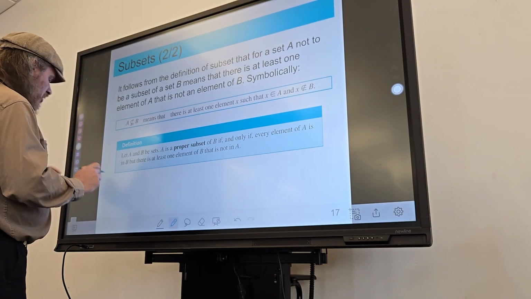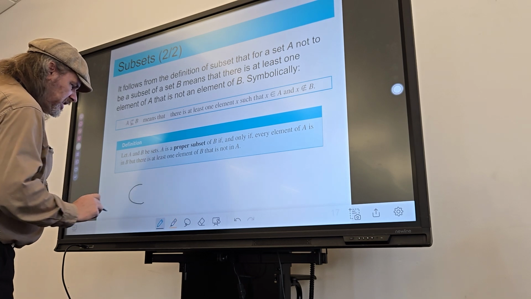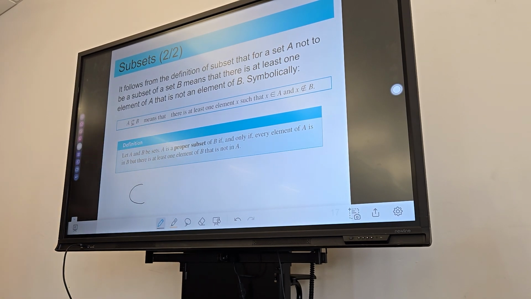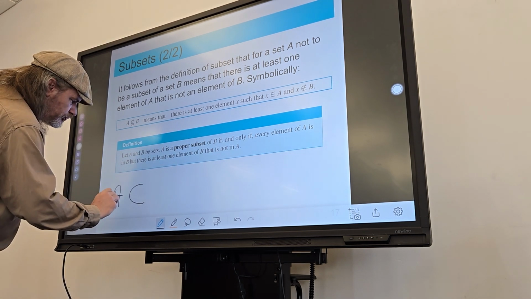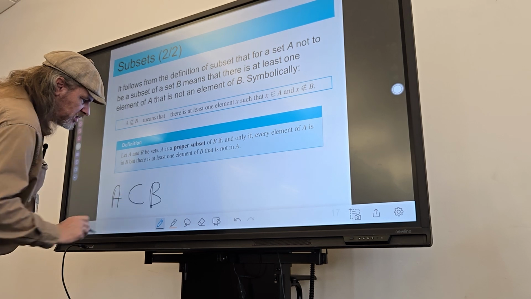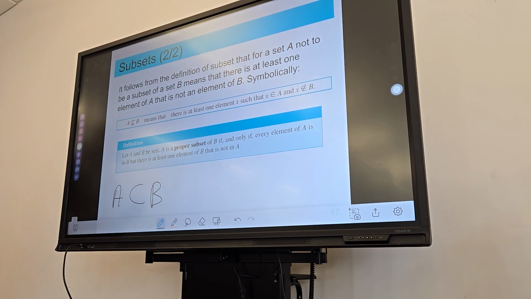That is the symbol for a proper subset, right? Okay. So if that is the symbol used, then there is some element of B that is not in A.